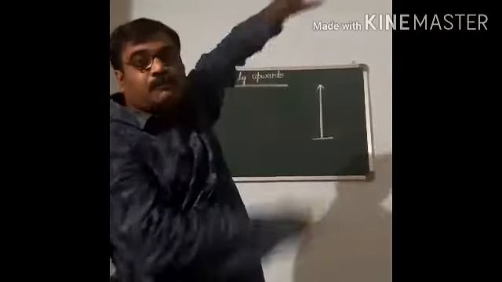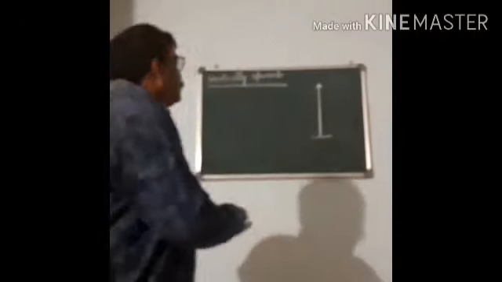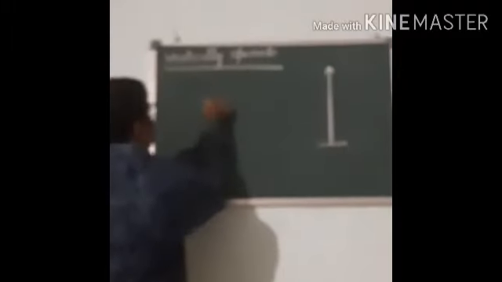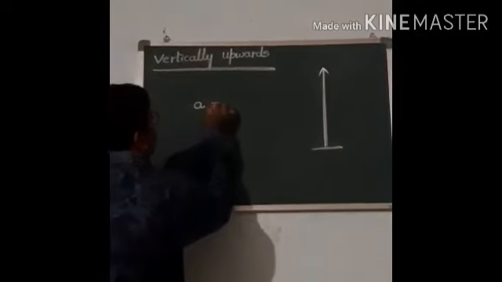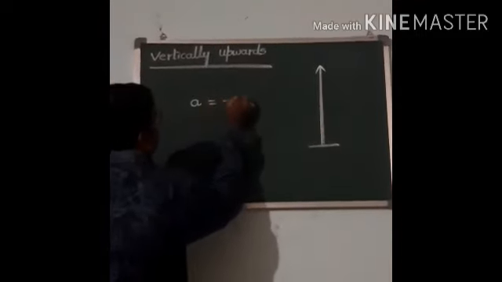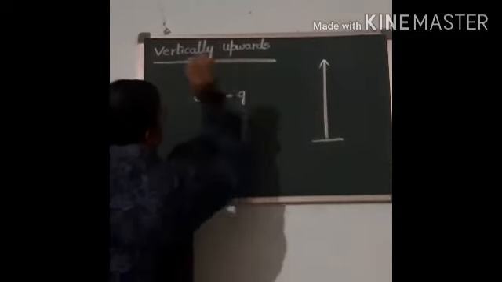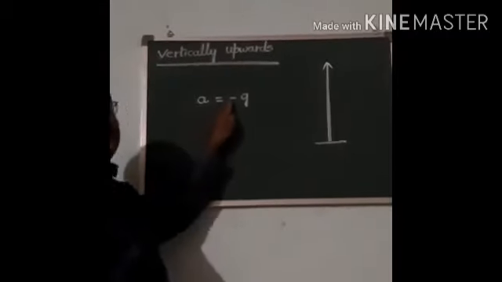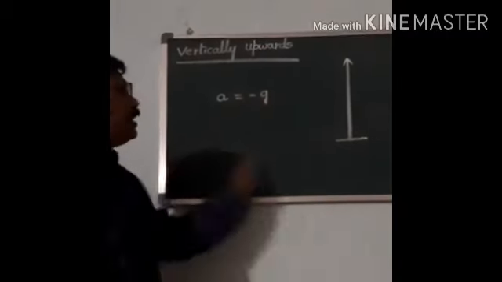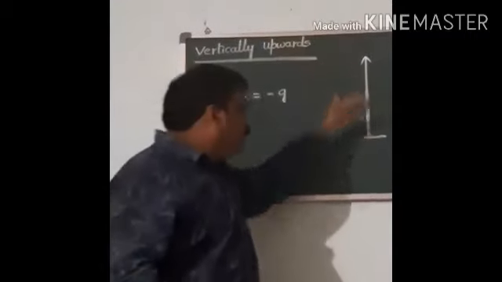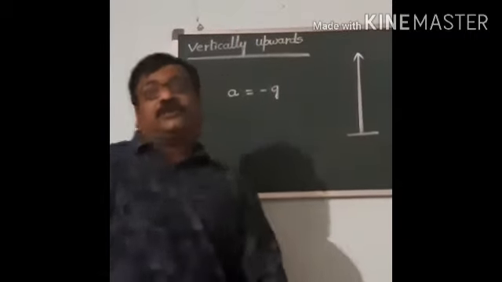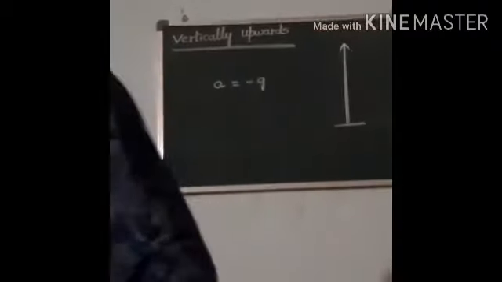Both are opposite, so acceleration due to gravity a is taken negative. This is the sign convention. Why negative? Because the object is moving upwards and gravity is downwards.